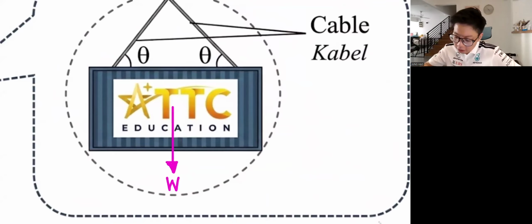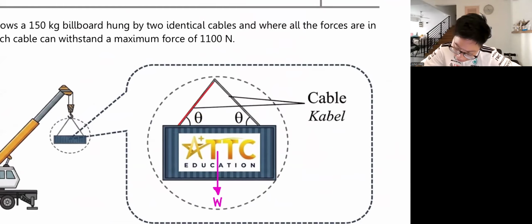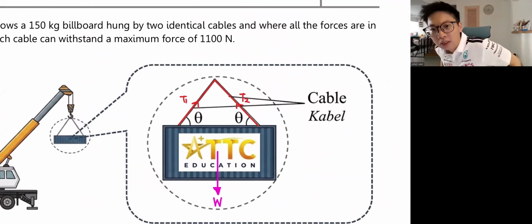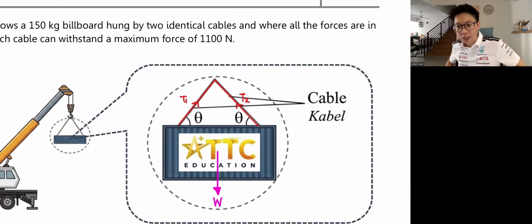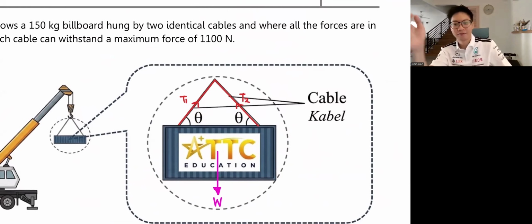Okay, for T1 and T2, you will realize that this is going to be T1, this is going to be T2. Okay, just now in Chinese class, right, got people asking me, teacher, how do you know the tension goes up? The string goes up. So guys, when you hang something, the thing will fall down, right?